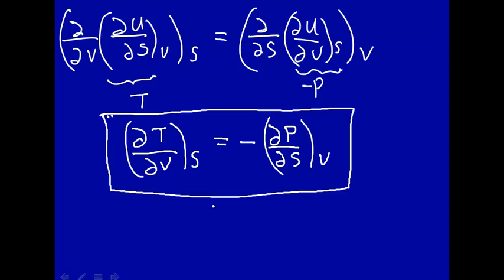Let's do the same kind of thing for the other three functions. We said that H, enthalpy, is a function of S and P, entropy and pressure. So it doesn't matter how we take the derivative.